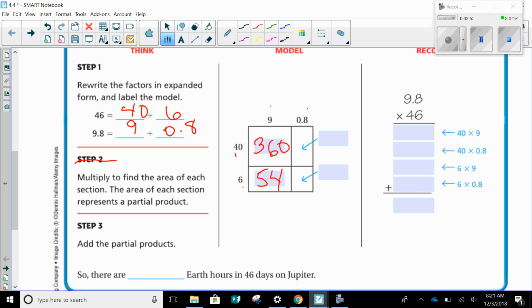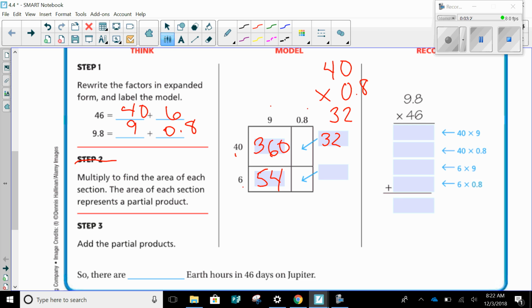Then we're going to go back up here to 40 times 8/10. It is the same thing as 40 times 8. So 40 times 8 is 32. So my answer here is 32.